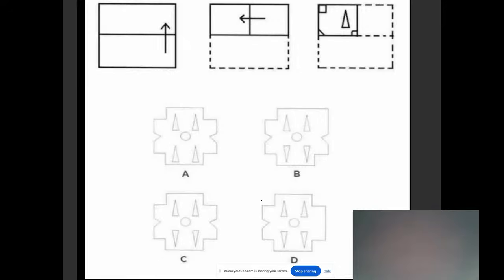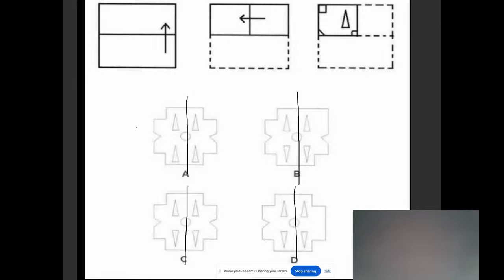We have four options A, B, C, D. For questions like this, you can follow mirror images logic. Mirror images logic means if you cut the paper into half, it should exactly resemble the other half of the paper.